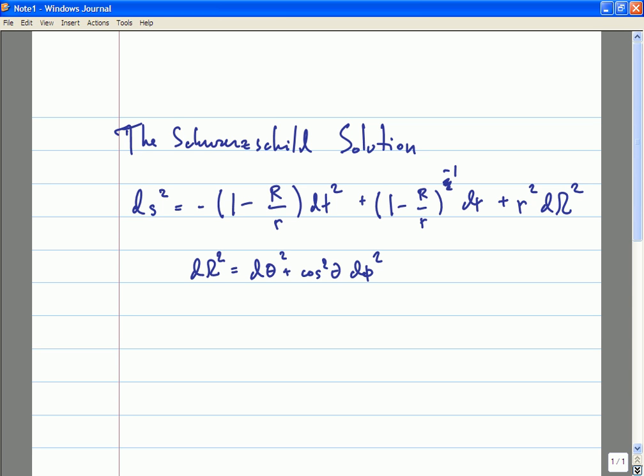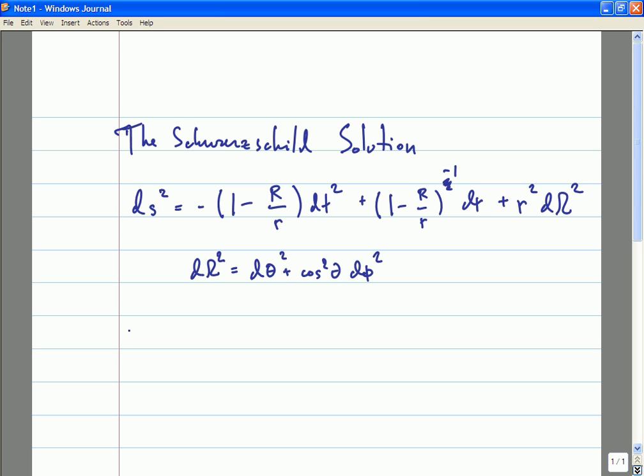So out at infinity, when r goes to infinity, this reduces to the usual metric on flat Minkowski space in spherical coordinates. It's got that dr squared plus r squared d omega squared piece. But as r gets smaller, the geometry is curved in some way, which is encapsulated in those two prefactors proportional to 1 minus capital R over the radial coordinate and its inverse.